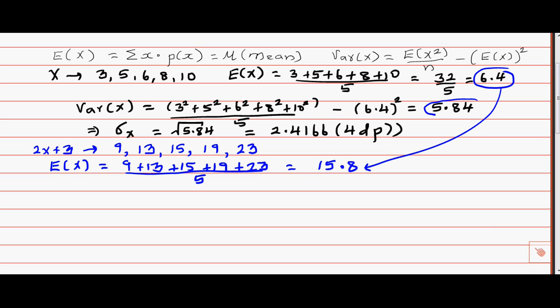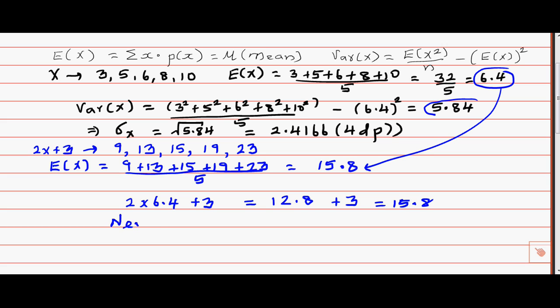Well, let's see. Let's call this the old mean and this the new mean. Whatever we did to all the data, can we do to the old mean and get the new mean? So I'm multiplying the old mean by 2 and then add 3, which is 12.8 plus 3, which is 15.8. So this is a formula you can remember.